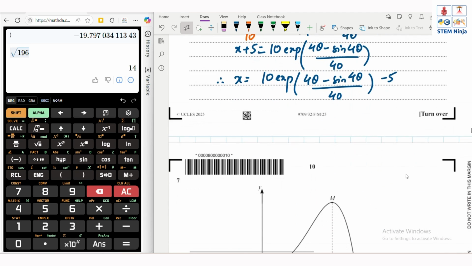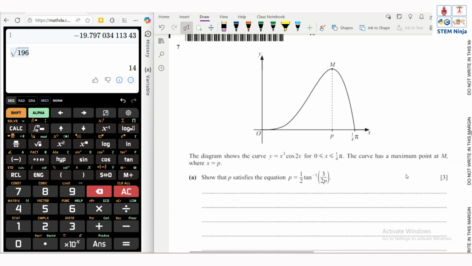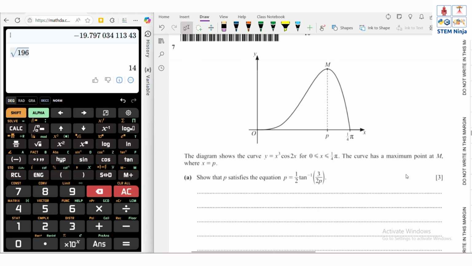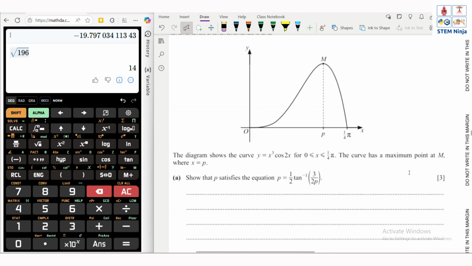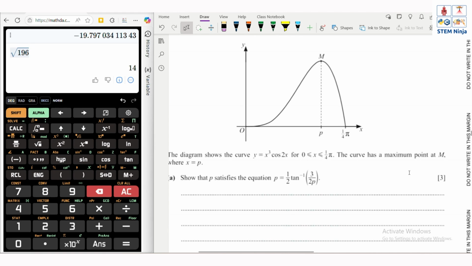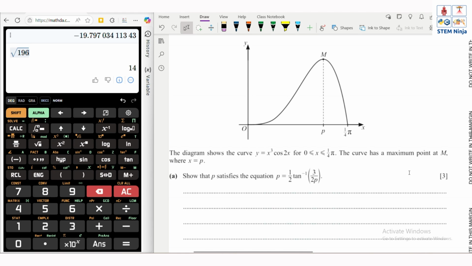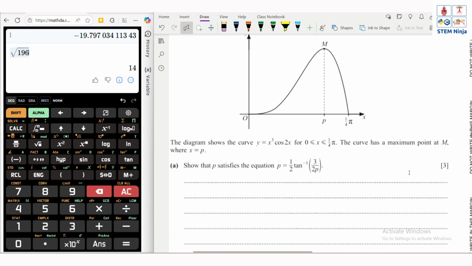All right, moving forward. The diagram shows the curve y equals x cubed times cos 2x for 0 to pi by 4. The curve has a maximum point at M. Show that p satisfies this equation. So we have to take the dy by dx of this, so we have to do the product rule.